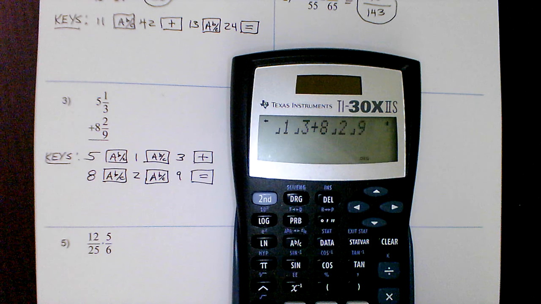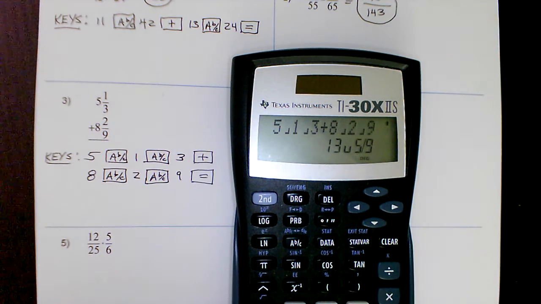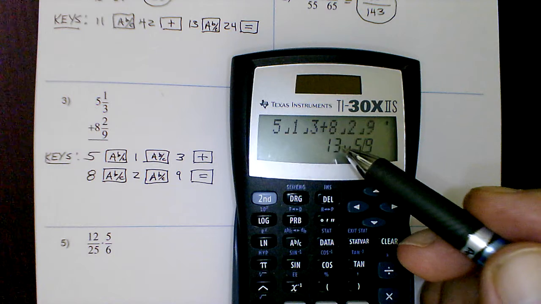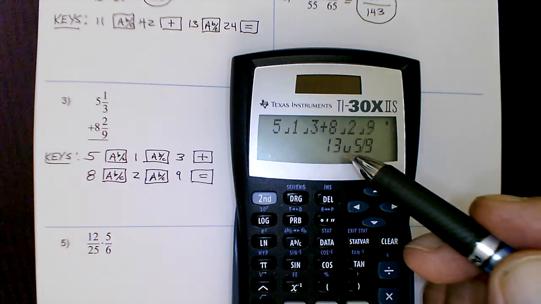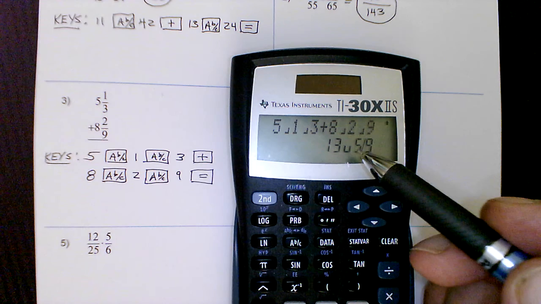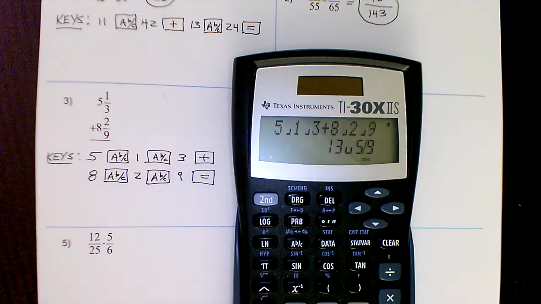Okay, so I won't write down the keystrokes for this one. It's just a subtract problem done the same way though. So 5, fraction key 3, fraction key 8, minus 2, fraction key 5, fraction key 9, and just checking to make sure it's all in the display correctly.